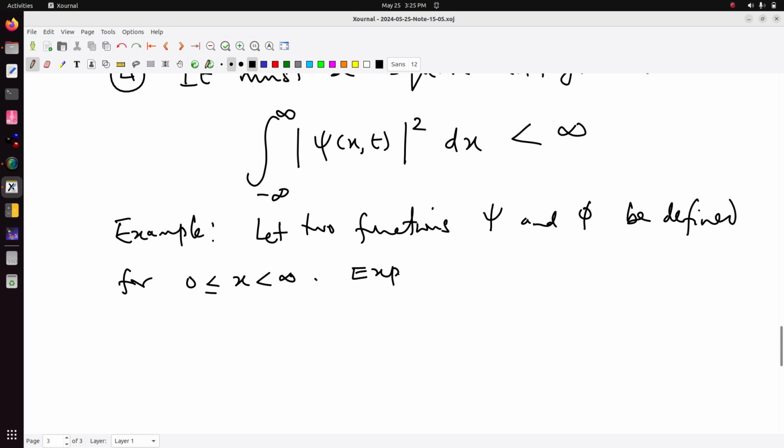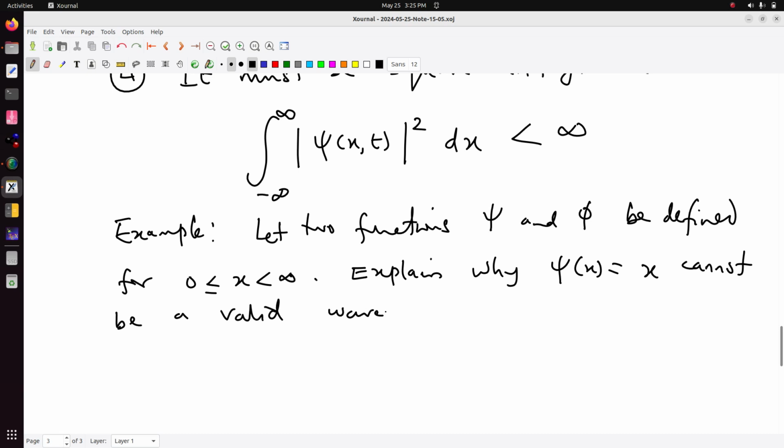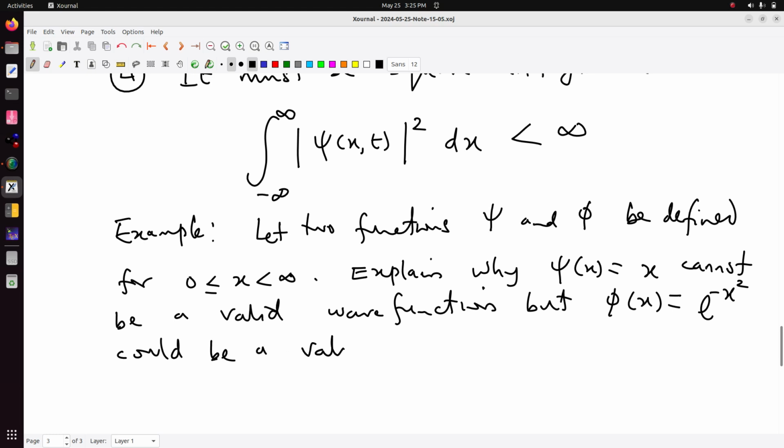The question is: explain why psi of x, which equals x, cannot be a valid wave function, but phi of x, which is exponential minus x squared, could be a valid wave function.